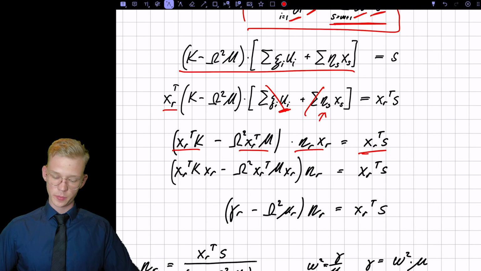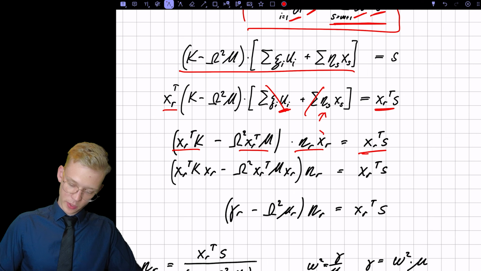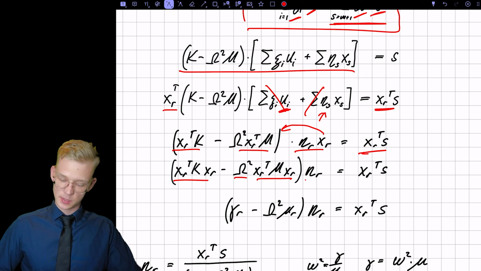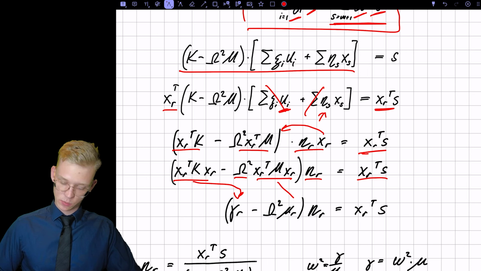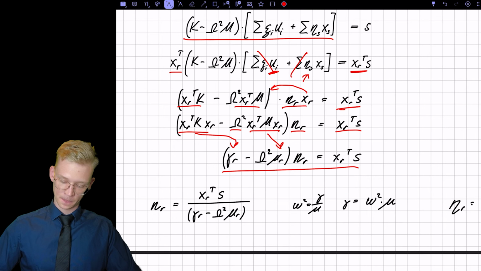And of course, if we pre-multiply on the left, we also have to pre-multiply on the right. Then we put our x into the brackets, so we are left with x_r transposed k x_r and omega squared x_r transposed m x_r times eta. Here is again our pre-multiplied amplitude, and this will turn into our modal stiffness. This will turn into our modal mass, and we again have the uncoupled equation.